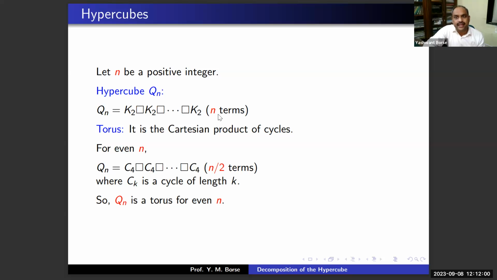If there are n K2s, then there are n by 2 C4s. So Qn is also the Cartesian product of n by 2 C4s. So you need n even there. Thus, hypercube is also a special case of torus, or the Cartesian product of cycles is a generalization of the hypercube Qn. So Qn is a torus for even n.